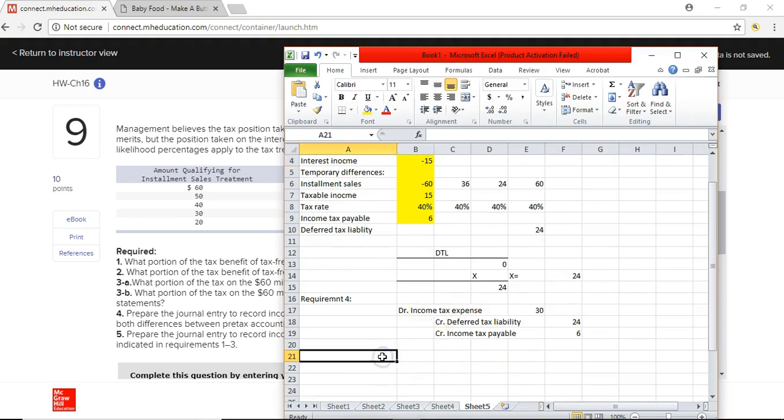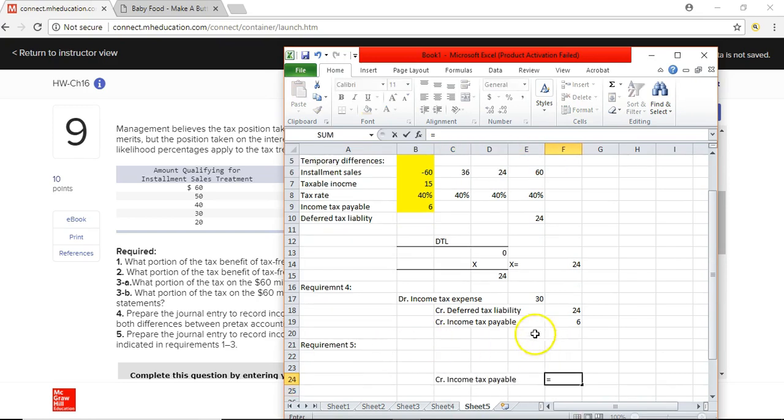So we will do another journal entry. Income tax payable is still the same, $6 million. Deferred taxes, though, from requirement 3B, only $40 million can be deferred. So 40 multiplied by the 40% tax rate, that is $16 million.